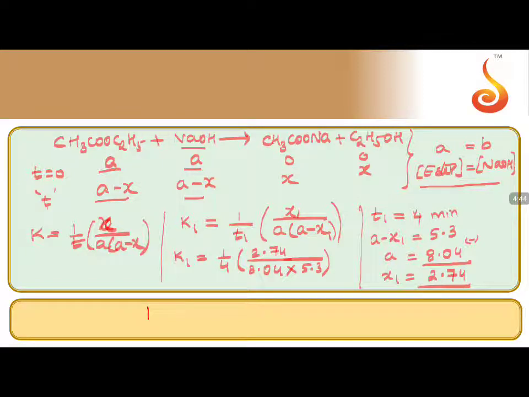If you calculate this, k1 will be equal to 0.016. The unit is very important, correct? What is the unit? Mole per liter, whole inverse, second inverse. Sorry, here it is minutes, so let us write minute inverse, not second inverse. Okay, so that's the first part, very easy.